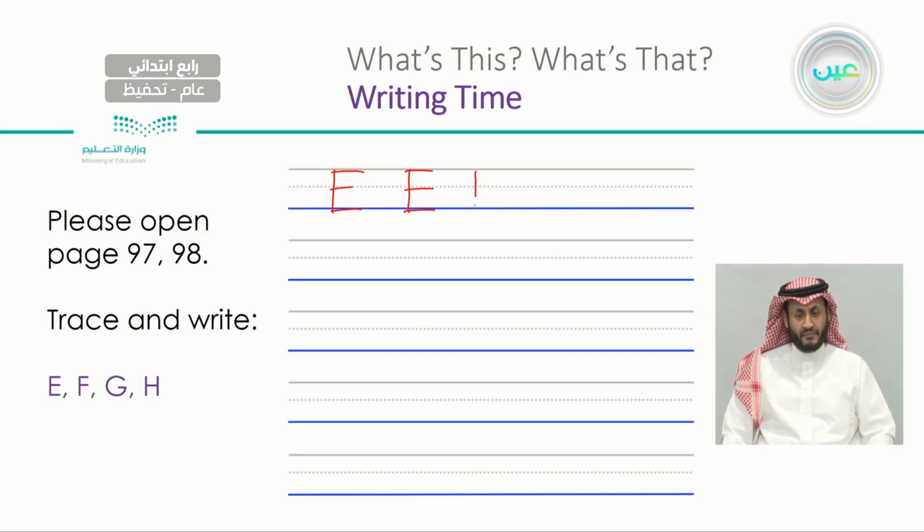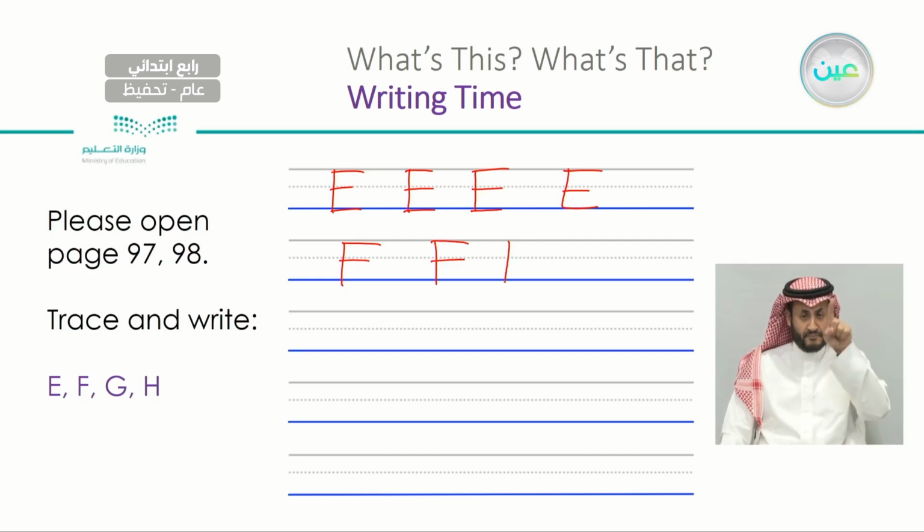E. Okay, we can make an L and then draw 2 lines. Next is the letter F. Line and then another 2 lines on the side. Not 3, only 2. This is the letter F.